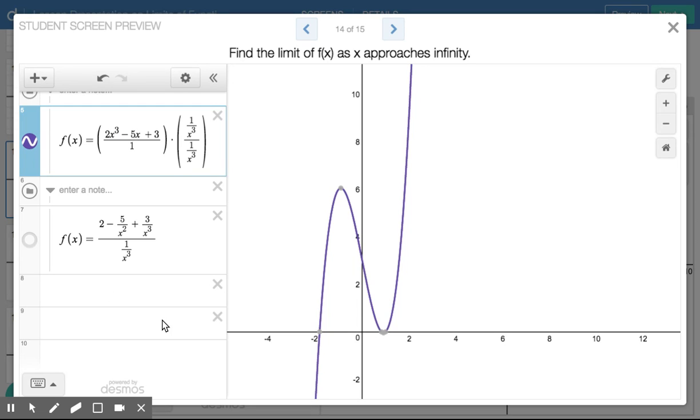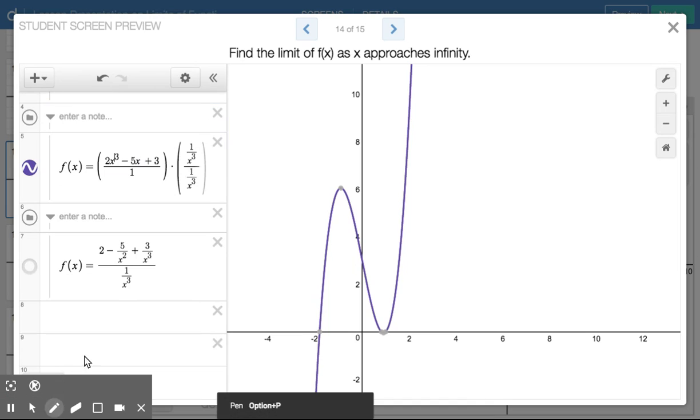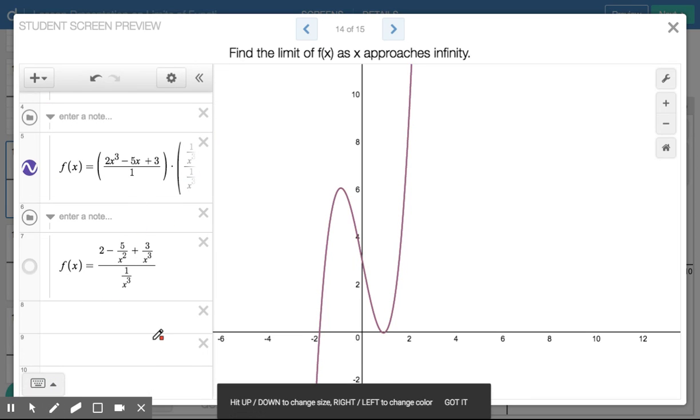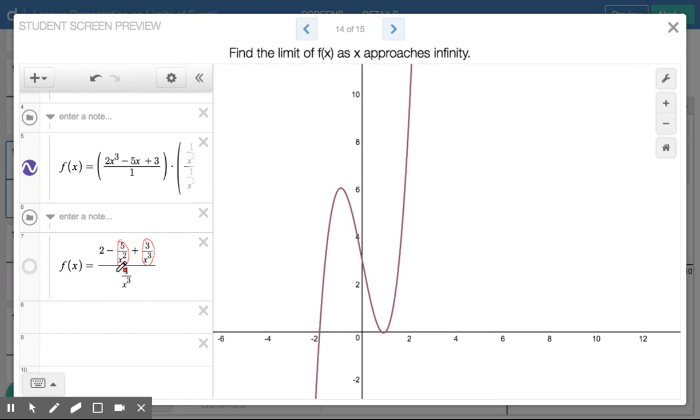Now, if we are going to make x very, very large, then we know that 5 over x squared, 3 over x cubed, and 1 over x cubed, they are all very close to 0.